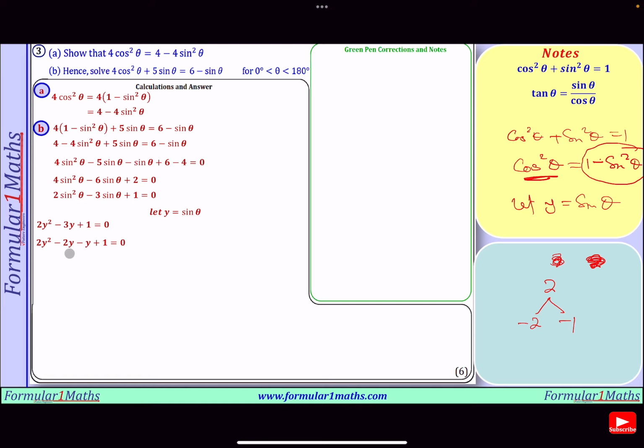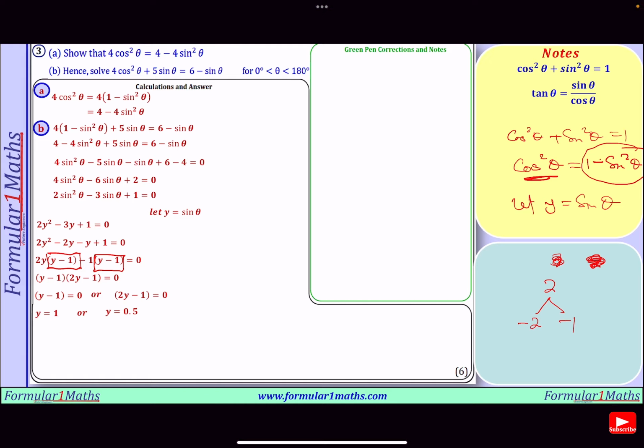I can factor that easily to get this. And then I can see that these are common factors. So if I bring that one out, I'm going to get y minus 1 brackets 2y minus 1. If I solve that, y minus 1 equals 0, or 2y minus 1 equals 0. That means y equals 1, or y equals 1 over 2, which is the same as 0.5.